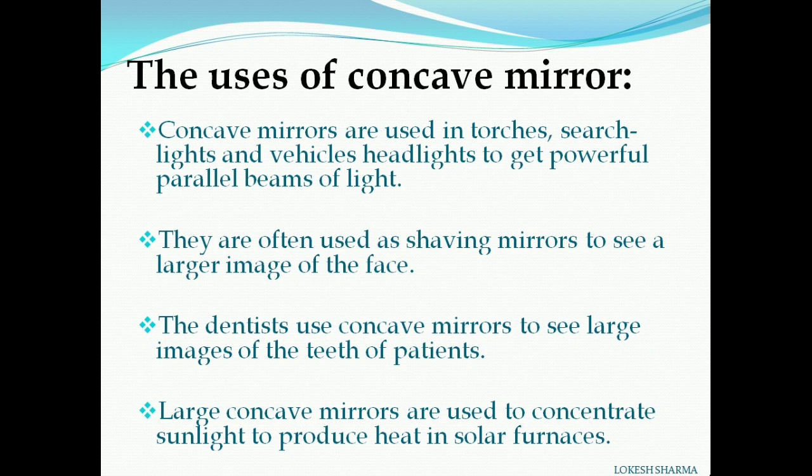Dentists use concave mirrors to see large images of the teeth of the patients, and large concave mirrors are used to concentrate sunlight to produce heat in solar furnaces. This use of concave mirror we have studied in our previous sessions, because concave mirrors are converging in nature. They converge the solar heat at a point to produce high temperature.